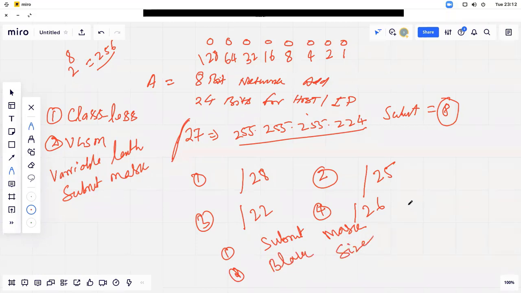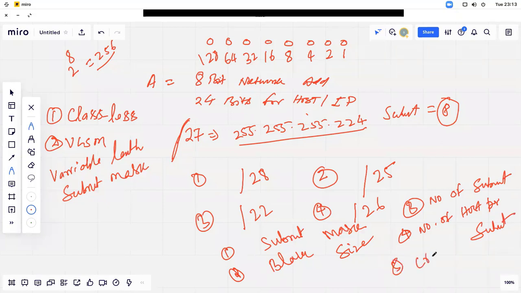Third, you need to access the number of subnets. Fourth, you need to access the number of hosts per subnet. And finally, fifth, you need to create a table.